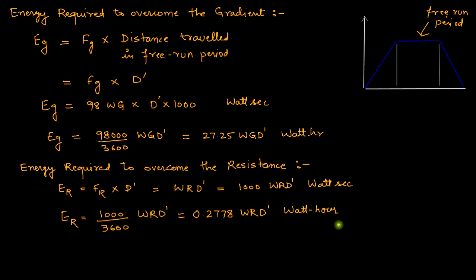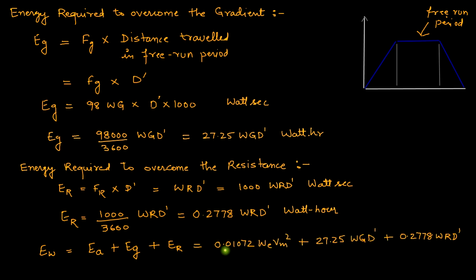Now the total energy output EW will be equal to EA, the energy required to accelerate the train, plus EG, the energy required to overcome the gradient effect, plus ER, the energy required to overcome the resistive forces. We will substitute these expressions over here.